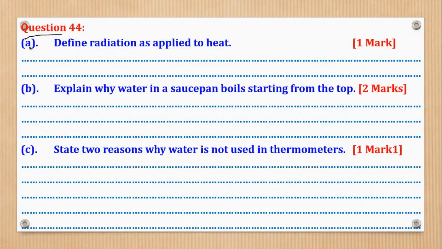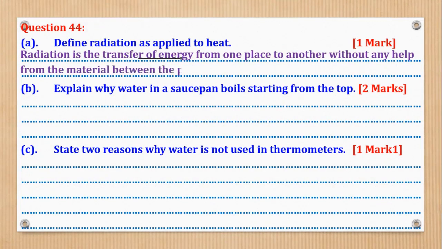Then question 44 part A, define radiation as applied to heat. So radiation is the transfer of energy from one place to another without any help from the material between the places. Part B, explain why water in a saucepan boils starting from the top.